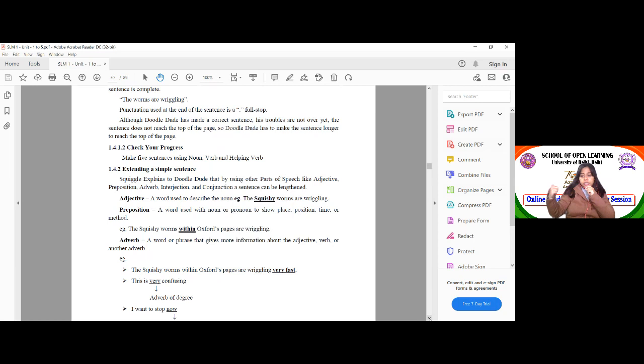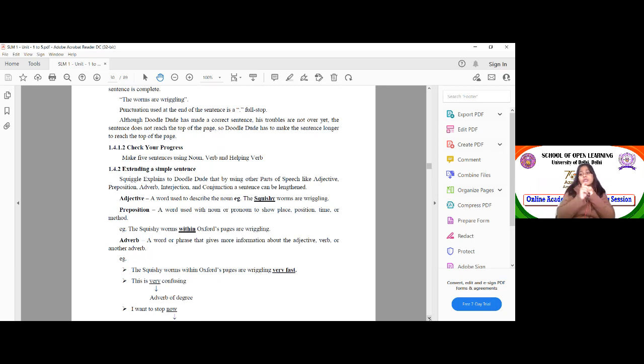What is an adjective? I think you all know what an adjective is, but just for revision, an adjective is to describe an action. Like she was laughing loudly. So laughing is the action. How was she doing it? Loudly. Loudly is an adjective.